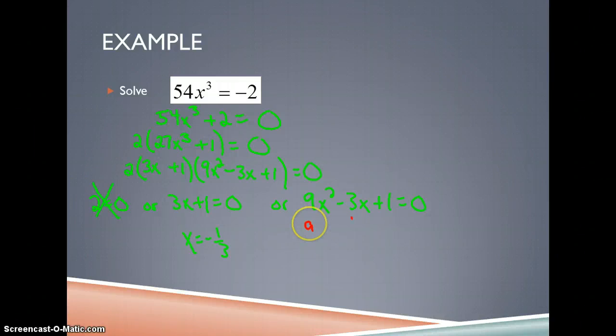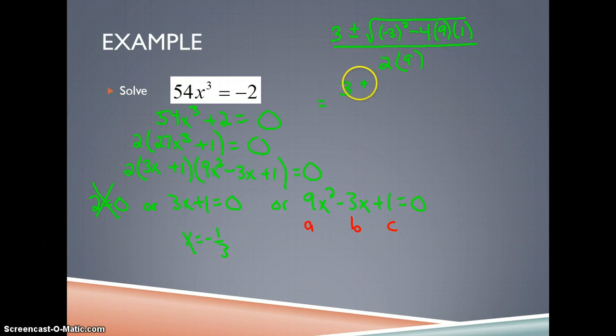Here's my a, b, and c. So we apply that. It's the opposite of b, so we're going to have positive 3 plus or minus the square root of b squared minus 4ac, 4 times 9 times 1, all over 2a.